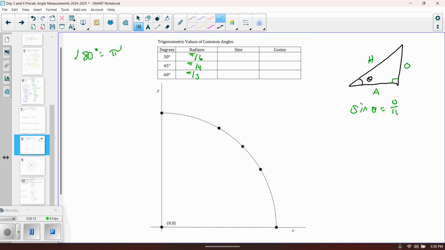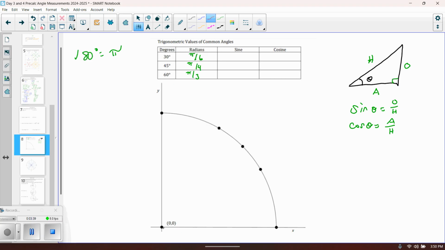And then the cosine of an angle is the adjacent over the hypotenuse. And tangent, which is not on this specific chart, would be the opposite over the adjacent.